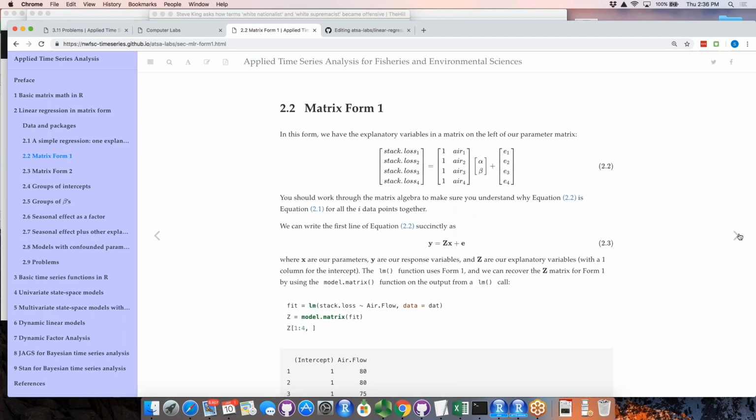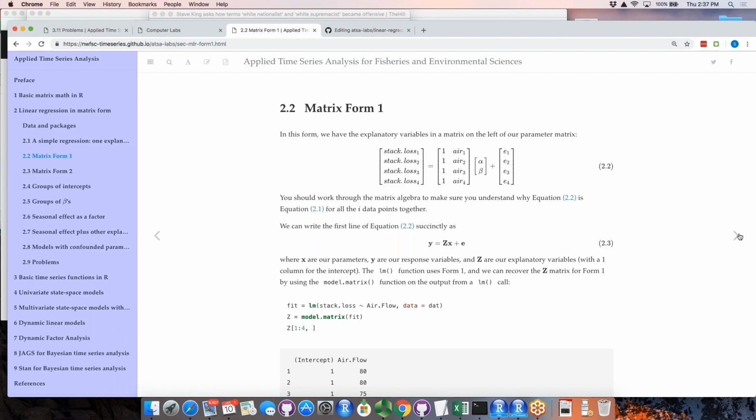So let's say that our whole data set were just 4 data points. And so that linear regression is this right here. What we're saying is this is a matrix. It has 1 column and 4 rows. This is a matrix. It has 2 columns and 4 rows. This is a matrix with 1 column, 2 rows.